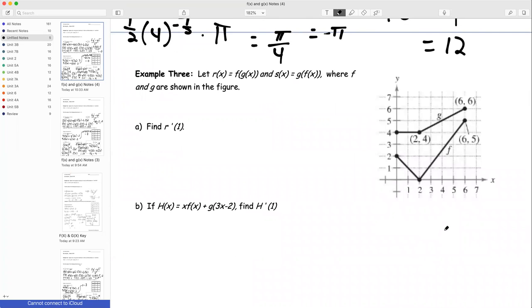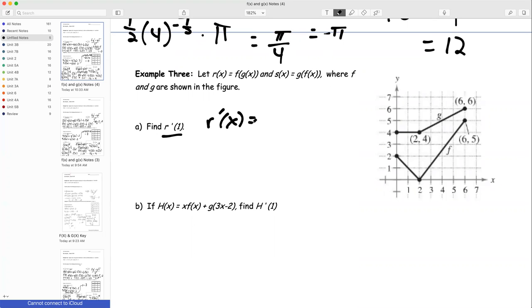So this next one is like one that we just did, except instead of giving us a table with the values, they give us a graph. And it says let R of x equal f of g of x, and we want to find R prime of 1. All right, so here we go.